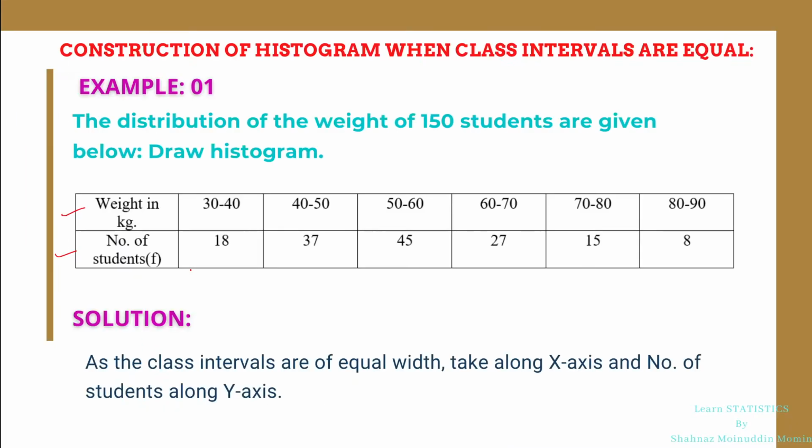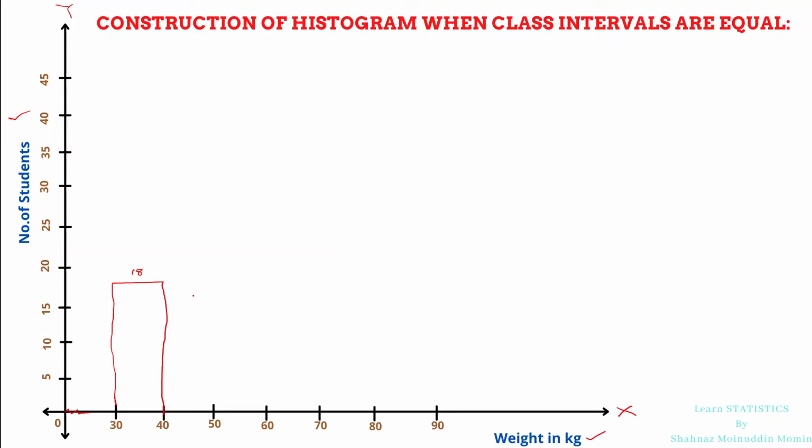Similarly, for the next class 40 to 50, the height is 37. Let me draw. Students can draw with the help of a scale.